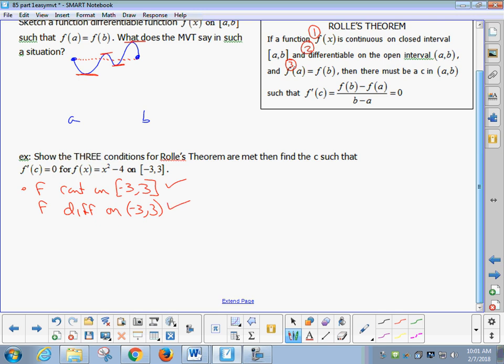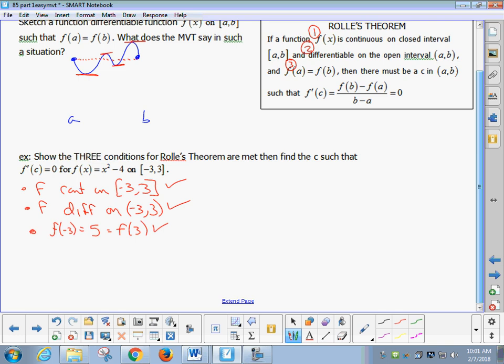But the last condition, I need to demonstrate that the y values are the same. So I need to show that f at -3 and f at 3 are the same. What is f at -3? Did you say 5? And what is f at 3? 5.